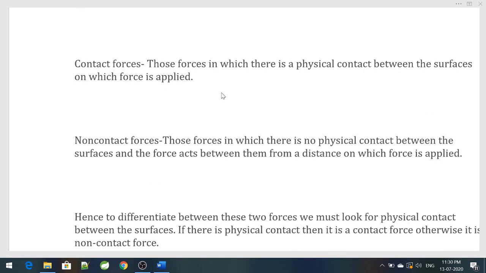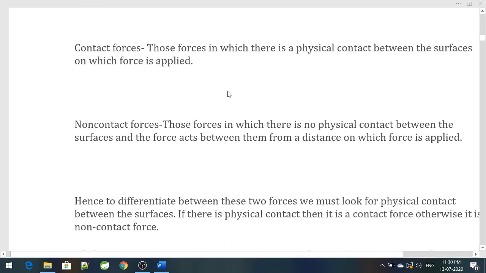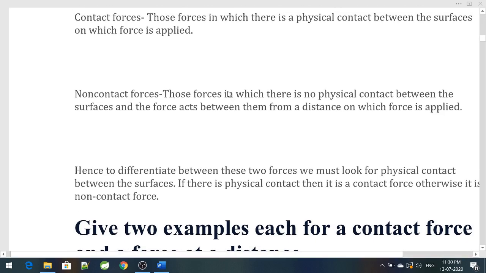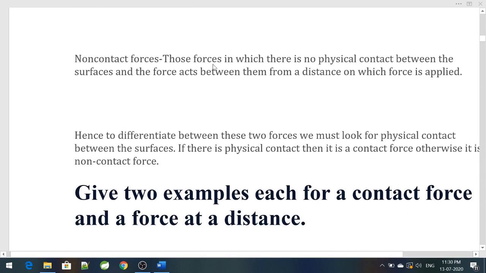We saw the toothpaste and a brush. By squeezing the toothpaste, the paste comes out. That is physical contact with the toothpaste. So that is a contact force. Non-contact forces are those in which there is no physical contact between the surfaces, and the force acts between them from a distance.